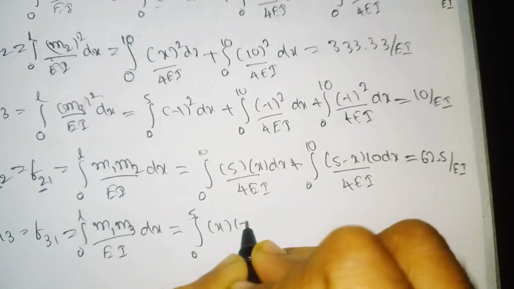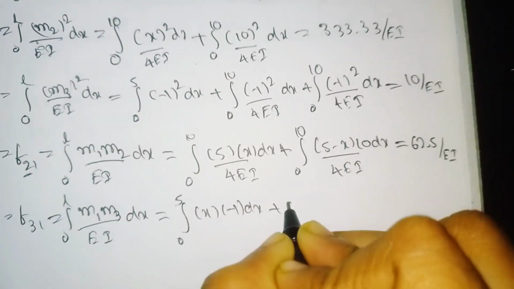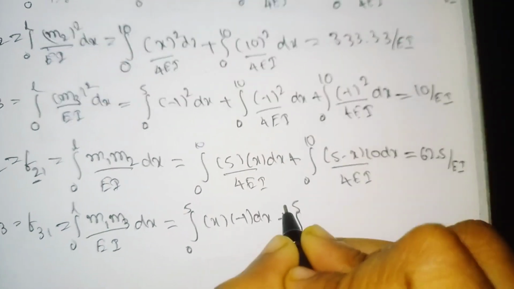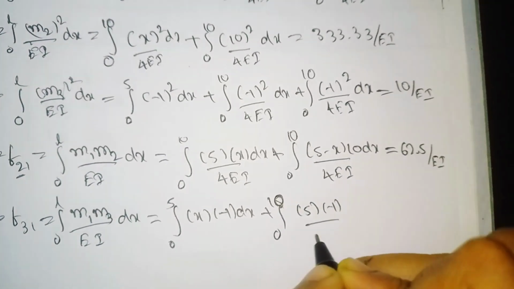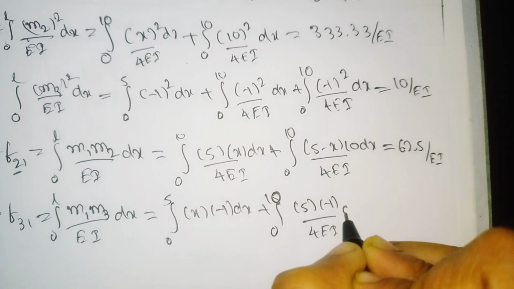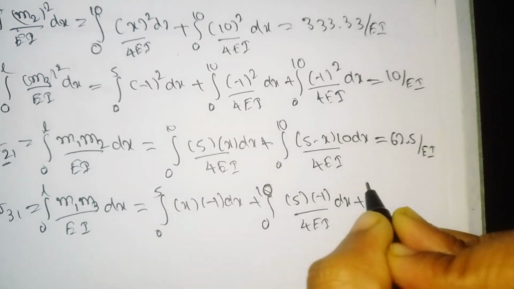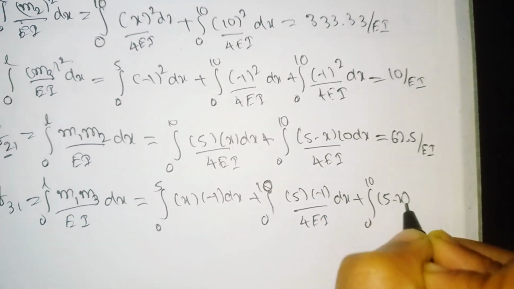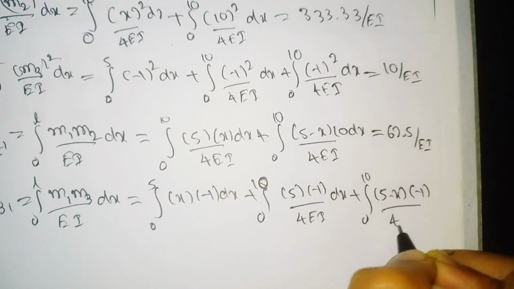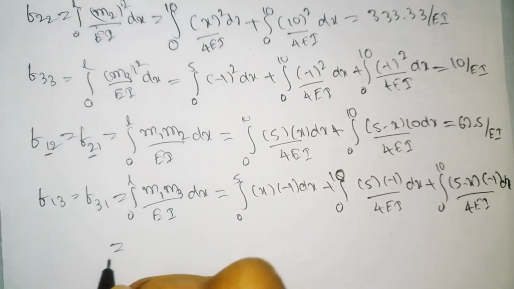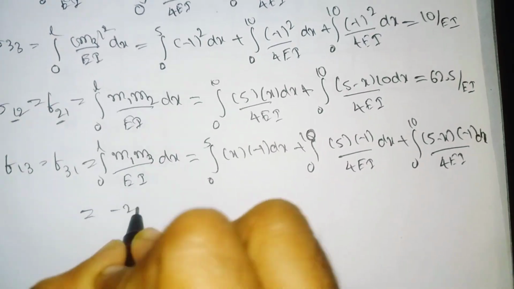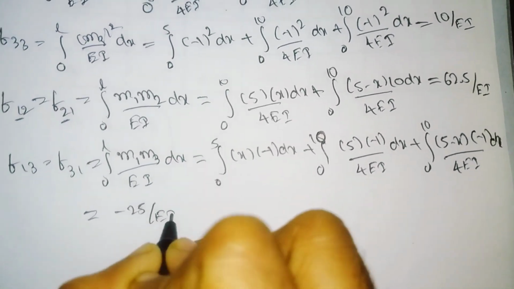So x into minus 1 dx plus integration of 0 to 5, 0 to 10. So 5 into minus 1 divided by 4 EI into dx plus integration of 0 to 10, 5 minus x into minus 1 divided by 4 EI into dx. Now solve it, it will come out as minus 25 divided by EI.